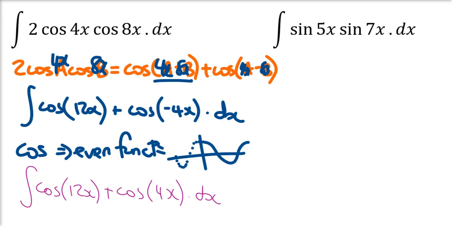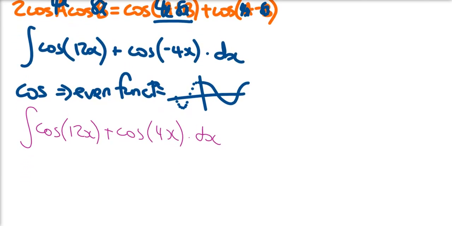Okay? Happy with that? So, we could go through the integration of that, but I don't feel like we need to. Cos goes to sine. This is going to be a 12th sine 12x plus a quarter sine 4x plus c.